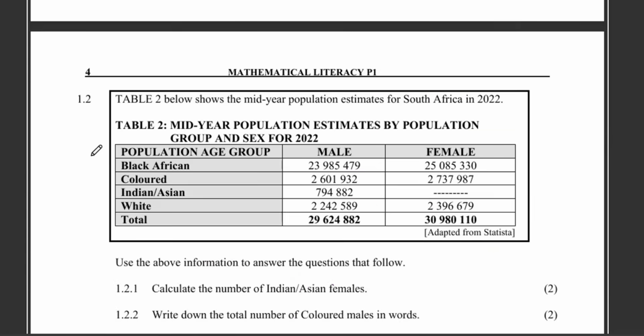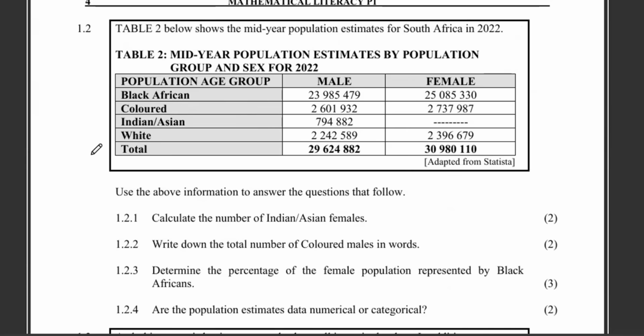When we go down to question number 1.2, it talks about the table. They are saying calculate the number of Indian females. Look at that. This number here is missing. What are we going to do? We shall get the total number there, which is 30,980,110, minus all these other values.